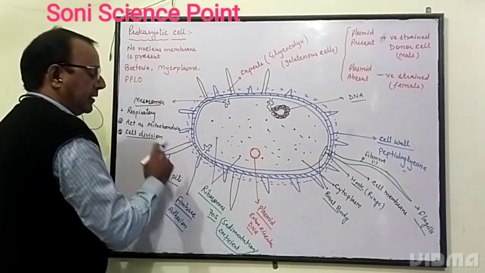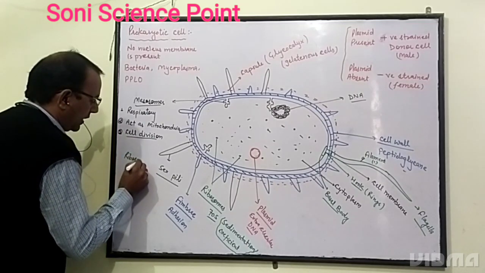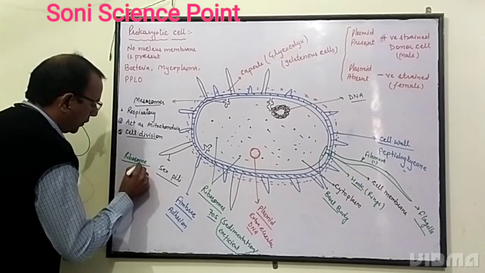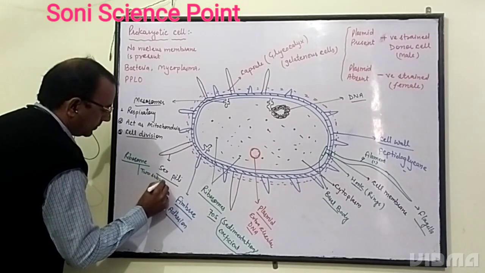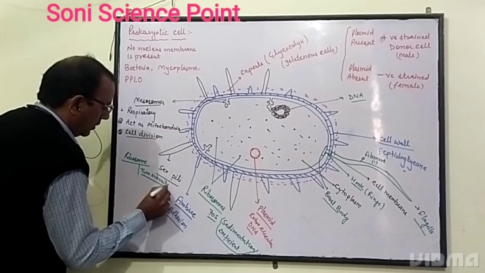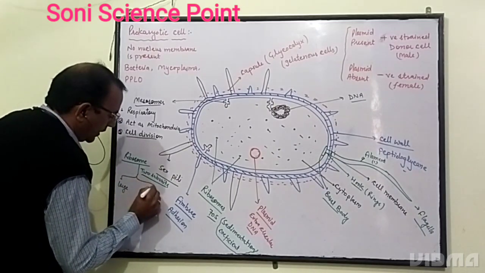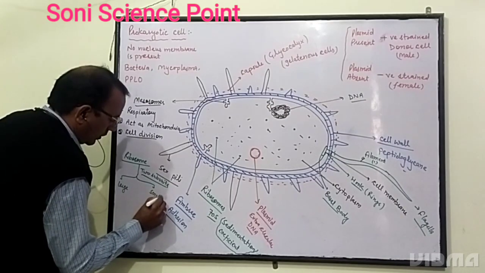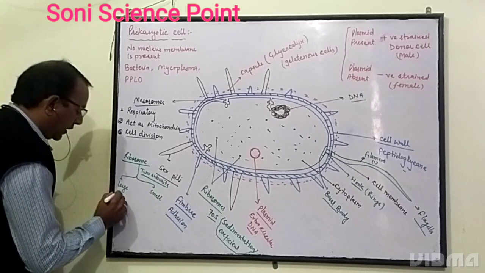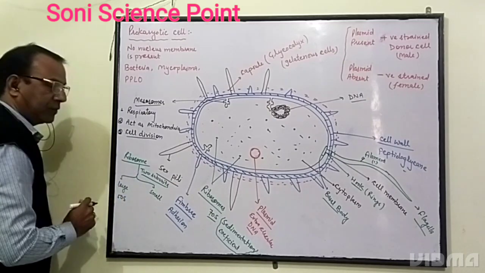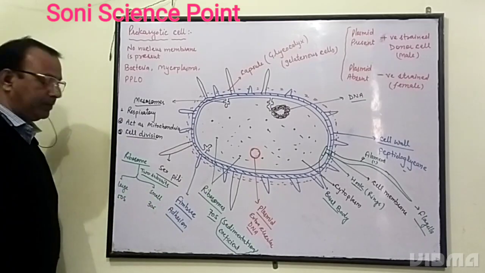In prokaryotic cells, ribosomes contain two subunits. One is large and another one is small. The large subunit is 50S and the small subunit is 30S.